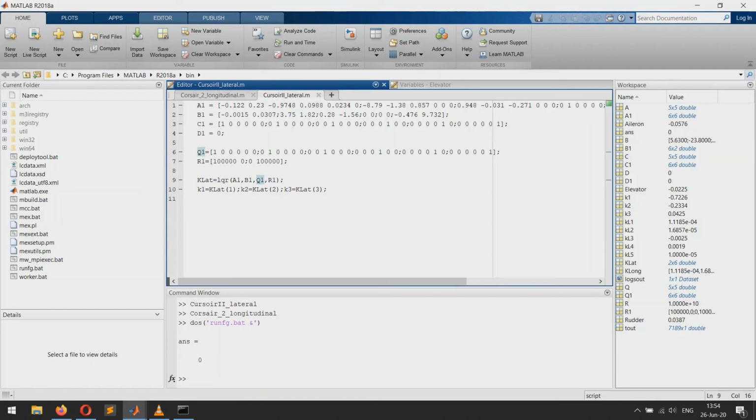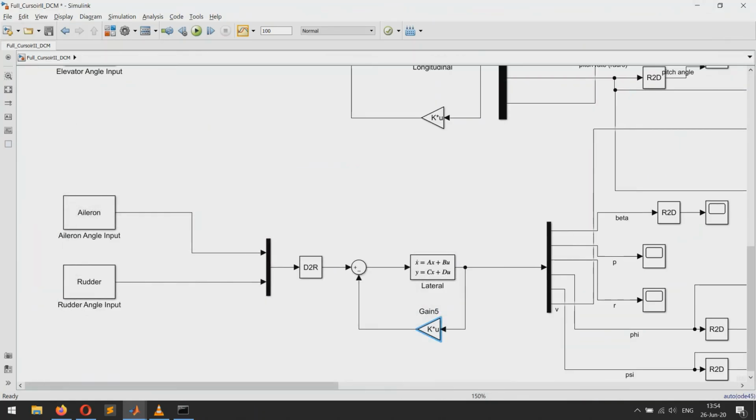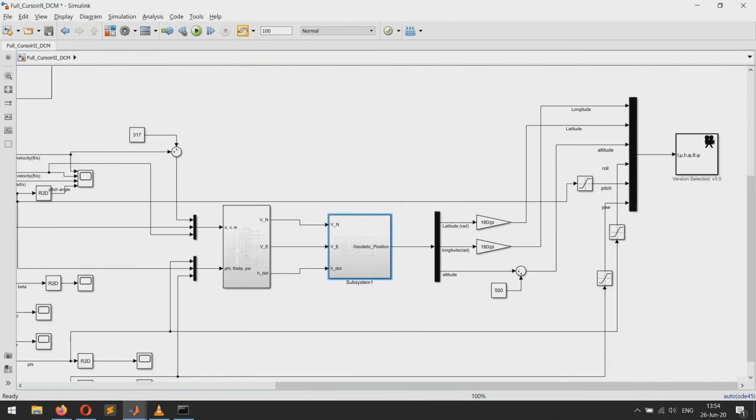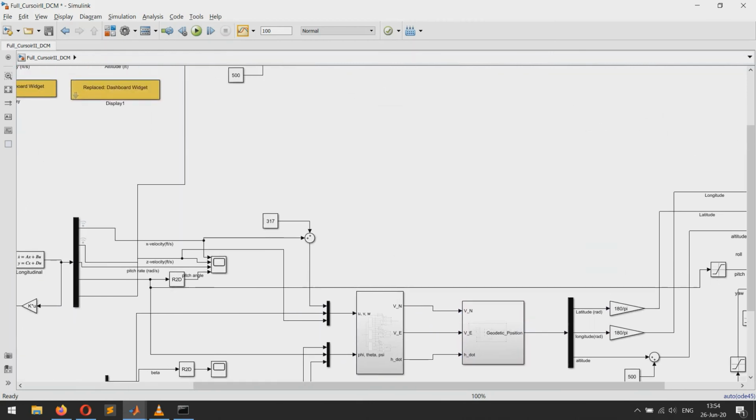We calculate two separate LQR gains, and that's all. We finish this project this week.